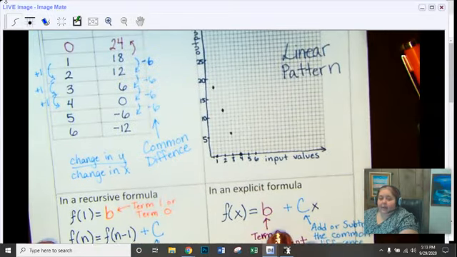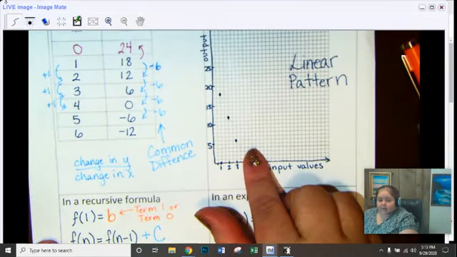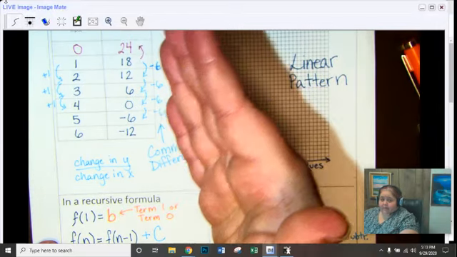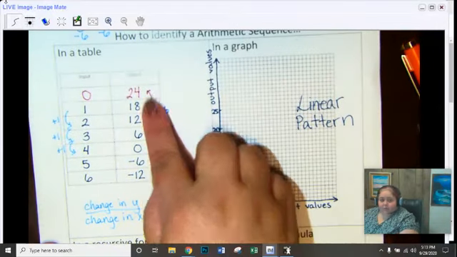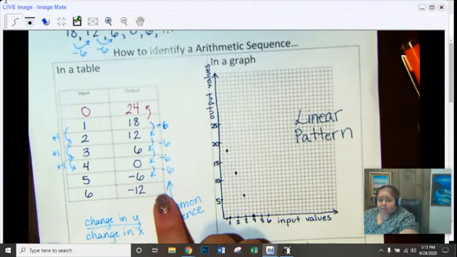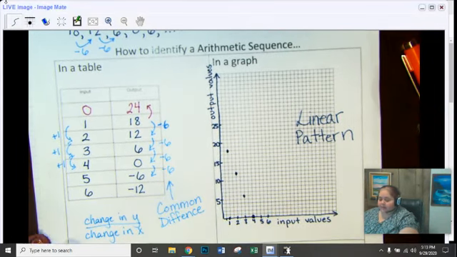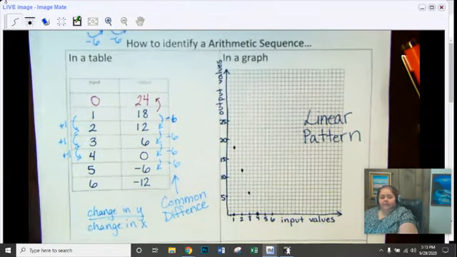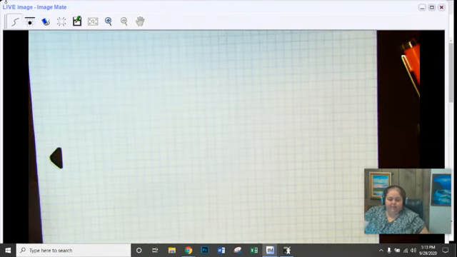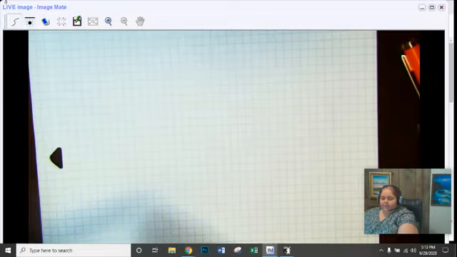If you're given a graph that has a linear pattern, you know it's an arithmetic sequence. And if you notice the pattern changes by addition and subtraction, then you know it's an arithmetic sequence. That is arithmetic sequences. Let's talk about geometric sequences.